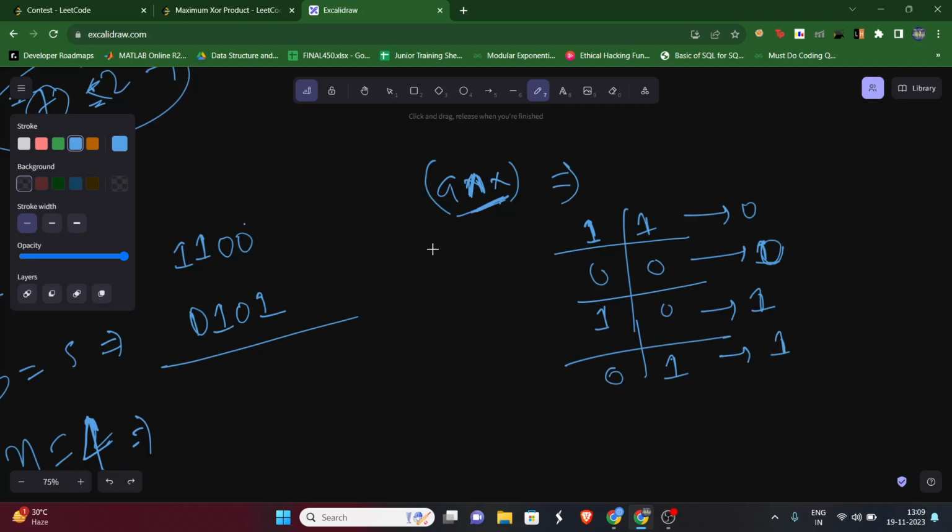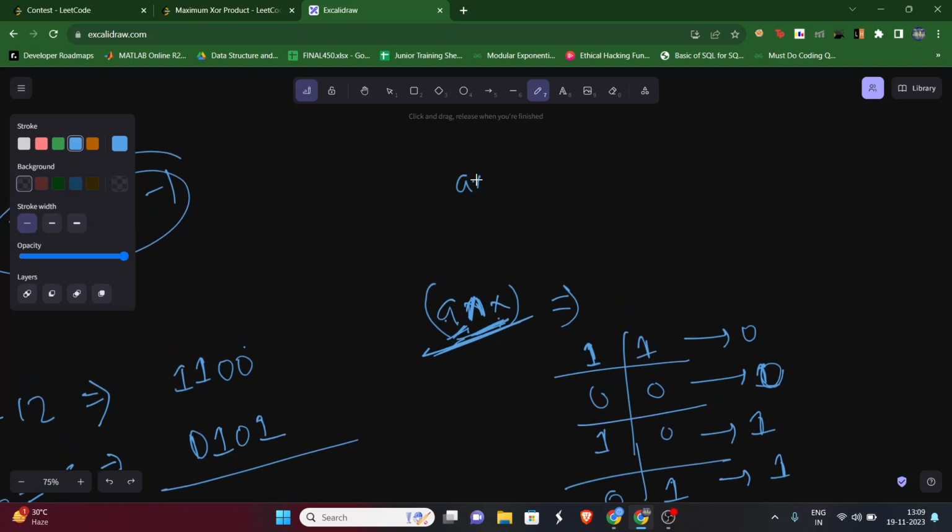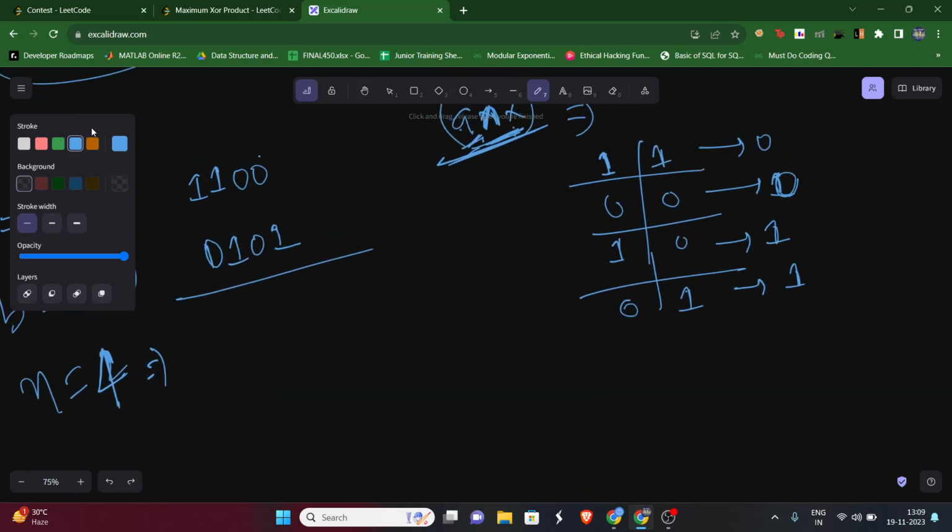So if I consider just a and x, we have to multiply a XOR x by b XOR x. Let's say there was some bit, for example here, this bit and this bit.